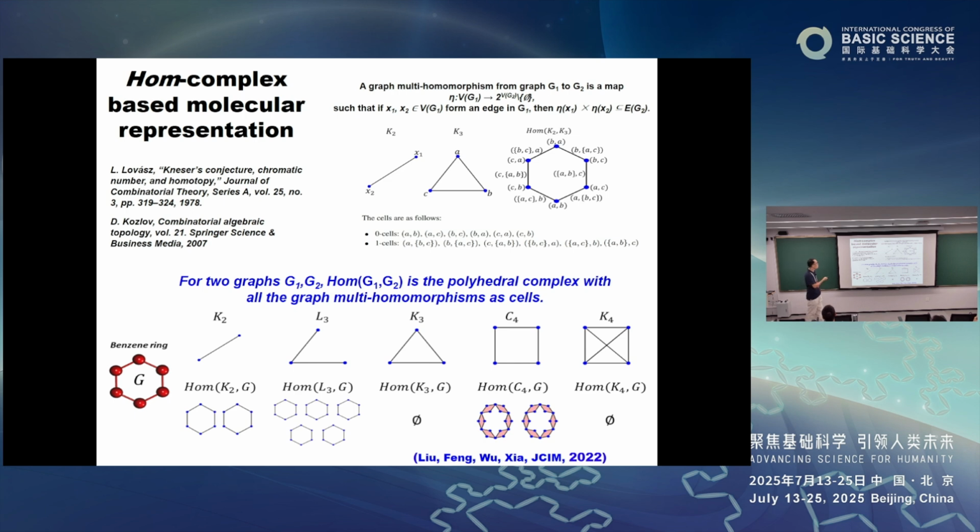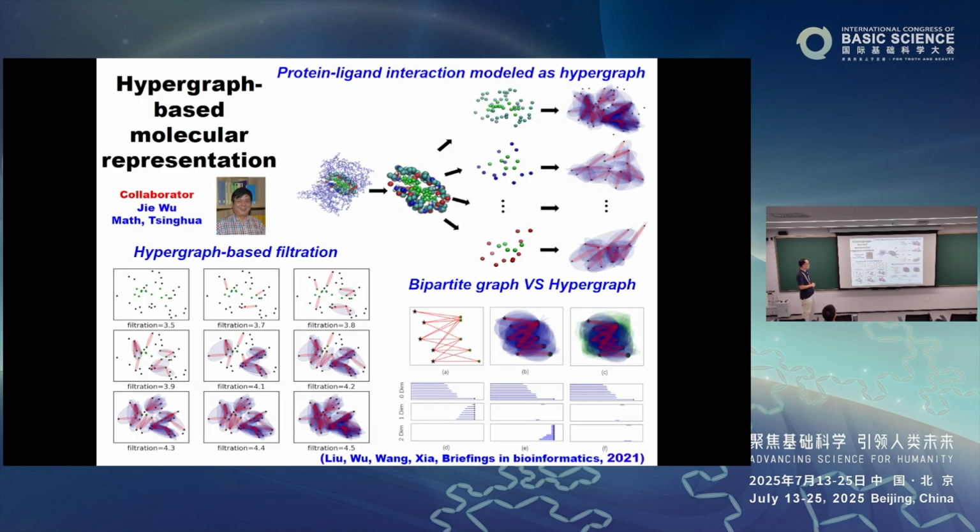So essentially, using this kind of multi-homomorphism mapping, you can construct a polyhedral complex. This polyhedral complex will reflect the detailed higher-order interaction of this test motif or subgraph within the structure you are interested in. So this is the Hom complex we are considering.